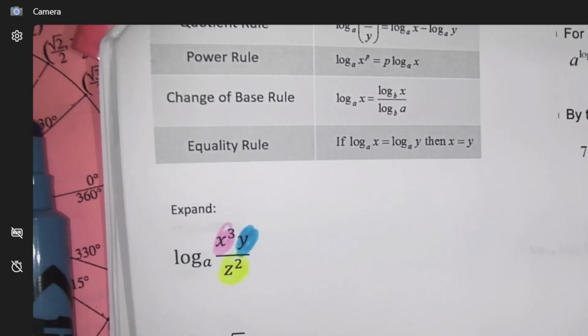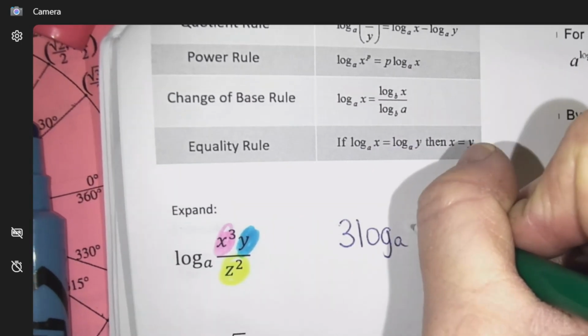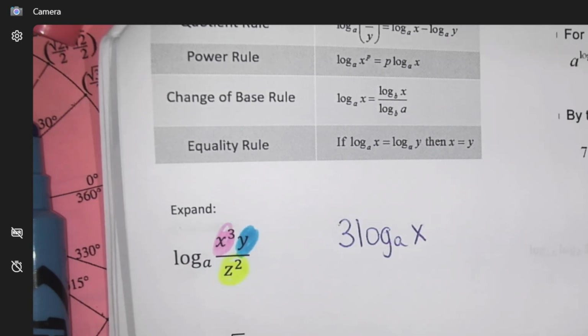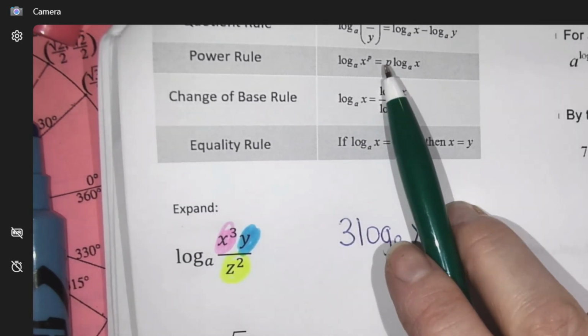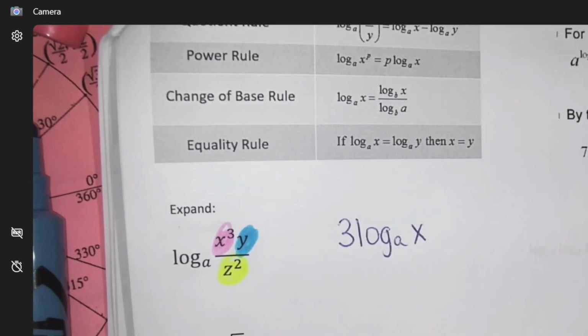Okay, you ready? They all have a log A. So the first thing is going to be 3 log AX. So why did I do that? Because the rule says exponents can become multipliers. So instead of exponent 3, I multiplied by 3.